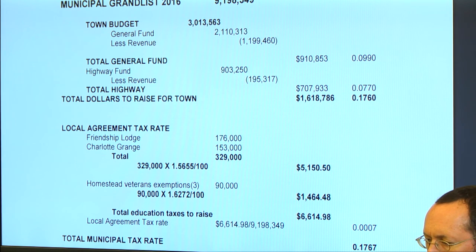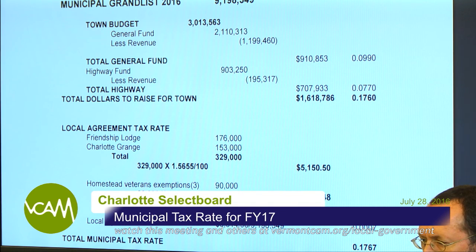That's a similar calculation of the $90,000 times the homestead education tax rate, since those are homestead. You get a total tax amount of $6,614.98 for those three different exemptions. Divided again into the grand list, it gives a tiny local agreement tax rate of 0.0007, giving you a total municipal tax rate of 0.1767.